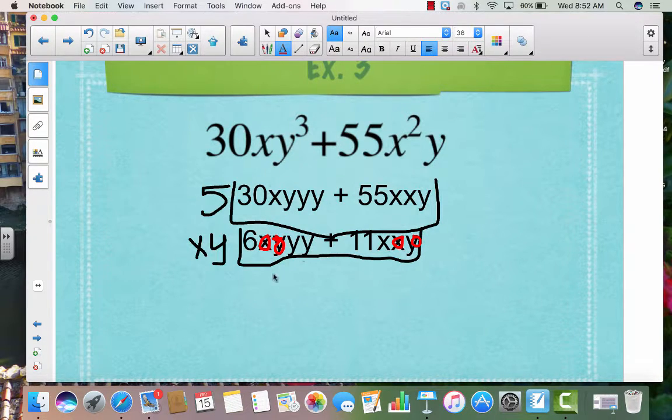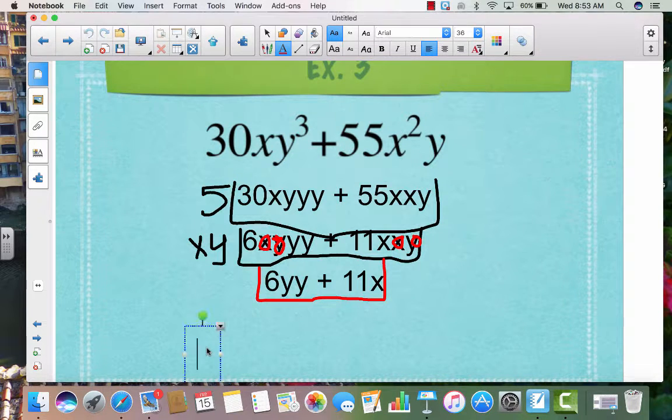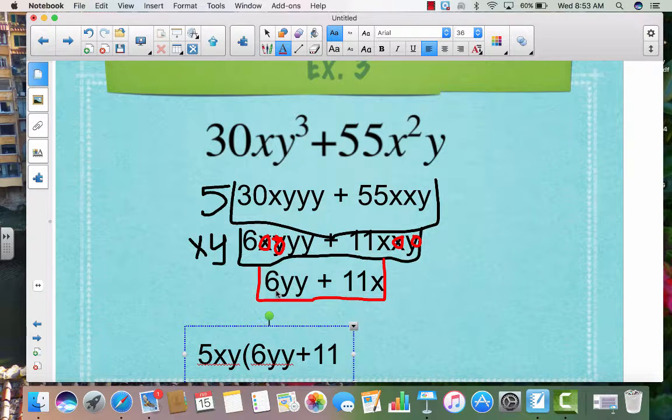So what I'm left with is 6yy and 11x. There's nothing further in common between the terms. So at this point I write my factored expression, grabbing my GCF from the side, and then the remaining expression goes inside. So 6yy plus 11x. And when you get to this point, if you'd prefer to write y squared, you absolutely may.